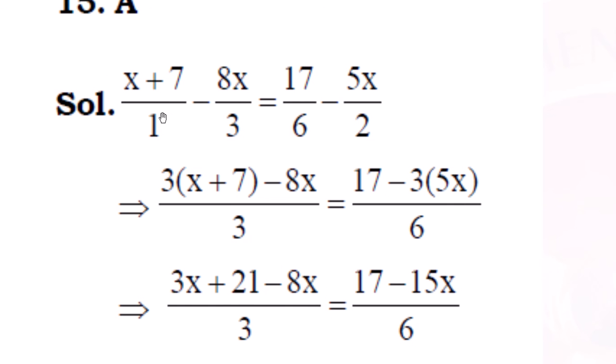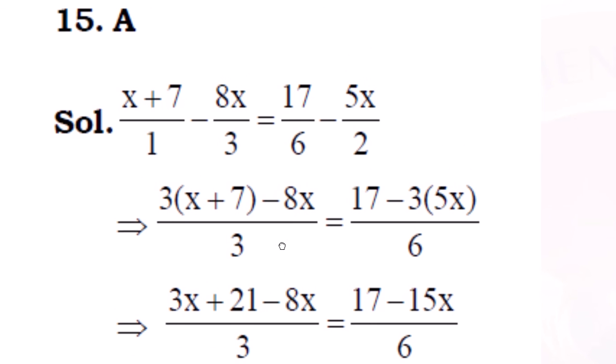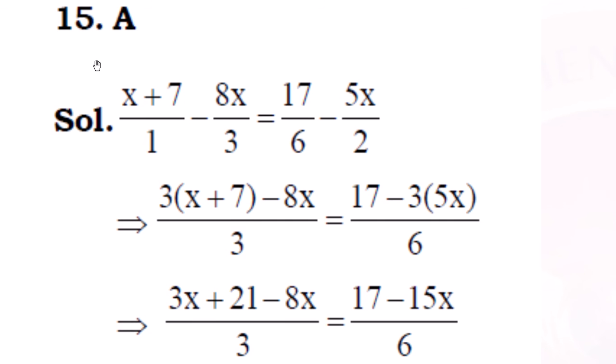We have by 1 here, by 3 here. LCM of 1 and 3 is 3. 1 3 times 3. With 3 we have to multiply x plus 7. 3 1 times 3. With 1 we have to multiply 8x.